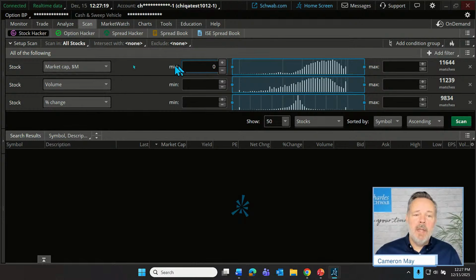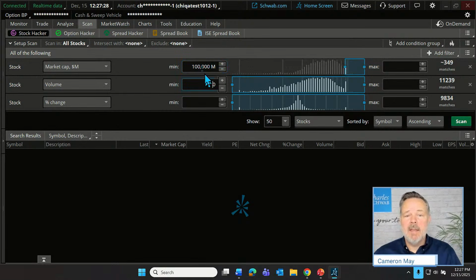And let's say that we put in millions of dollars, let's put in 100,000 as our minimum requirement here. What this is saying is this trader is looking for stocks that are worth at least $100 billion in market capitalization. Those are some of the largest companies on the globe. So those are going to be among the most liquid.